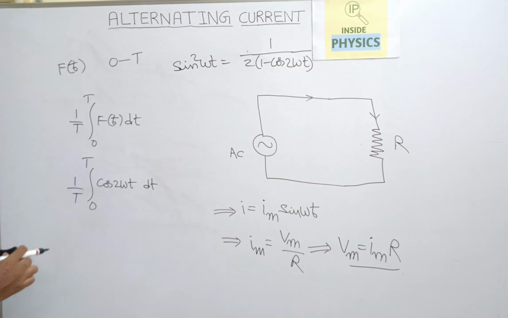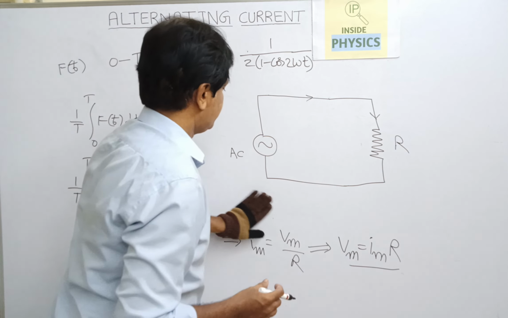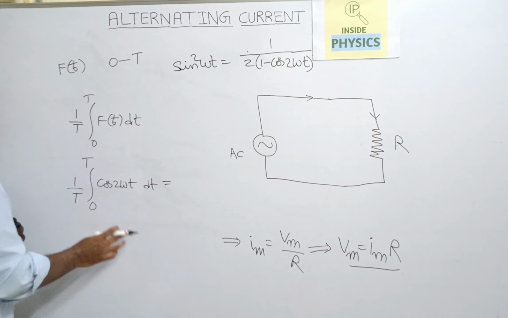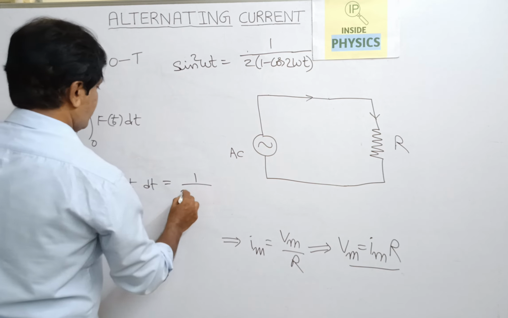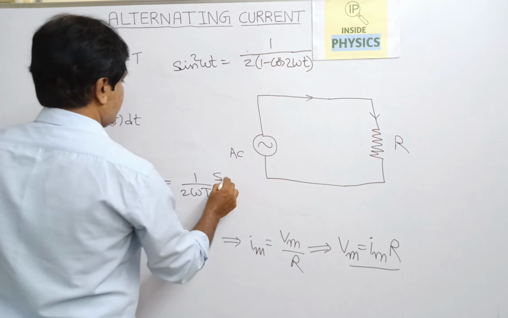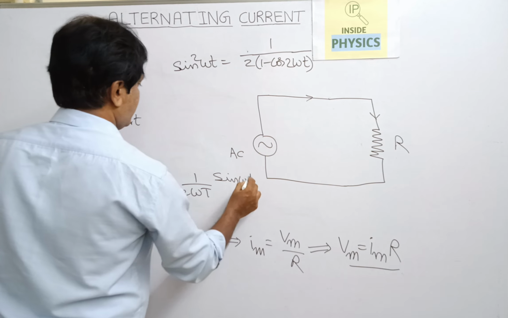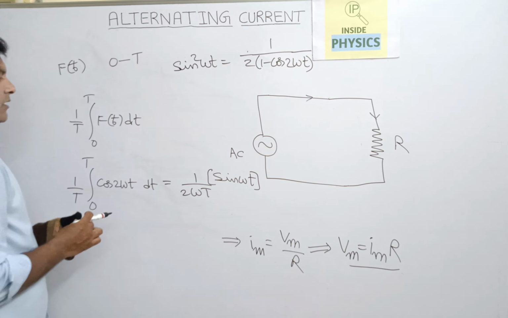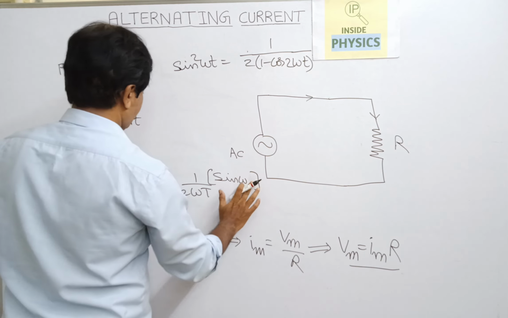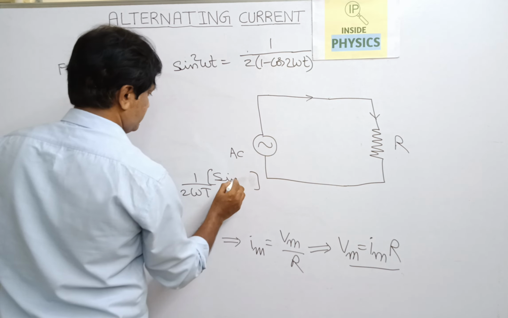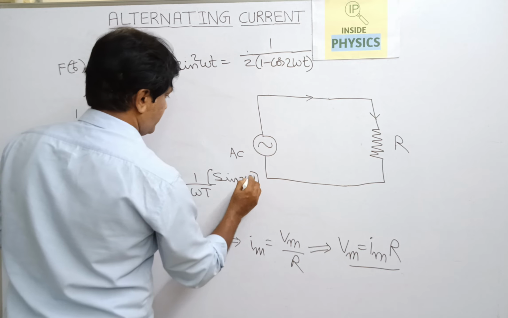So this will be written as, the integration is done, and we know that here sine 2 omega t. If you substitute the upper limit, this will be 2 omega T.